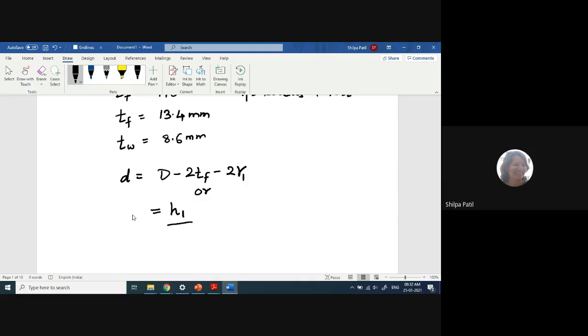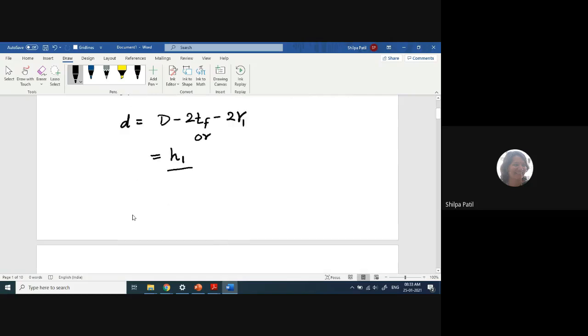If you calculate through the formula, it comes close to H1. So you can directly use the H1 value here. I'm writing D equal to H1. Now tell me the value of H1.